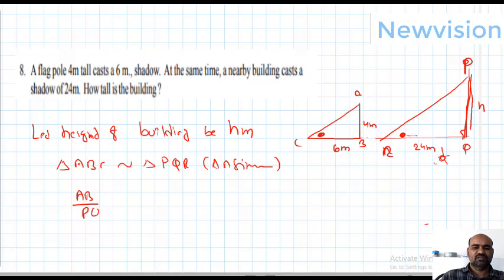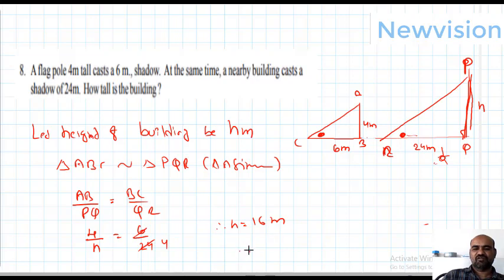AB by PQ, equal to BC by QR, equal to AC by PR also, but there is no use of AC here. AB means 4, PQ means H, equal to BC, which is 6, QR means 24. 6 ones are 6, 4 fours are 16. So H equals 16 meters. Therefore, the height of the building equals 16 meters.